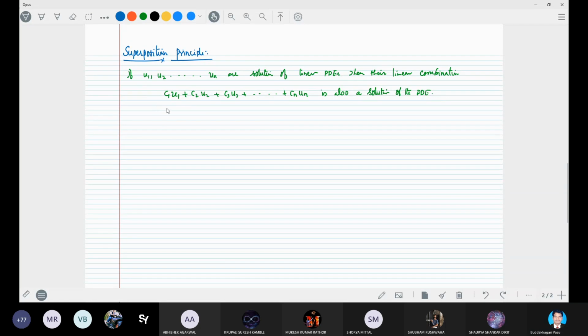that is, you can write it. If u1, u2, u3, up to un are the solutions, then their linear combination u is equal to c1u1 plus c2u2 plus so on plus cnun is also a solution, where the ci's for i equal to 1, 2, 3, up to n are arbitrary constants.